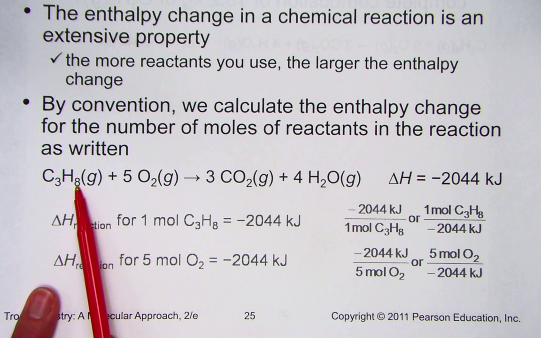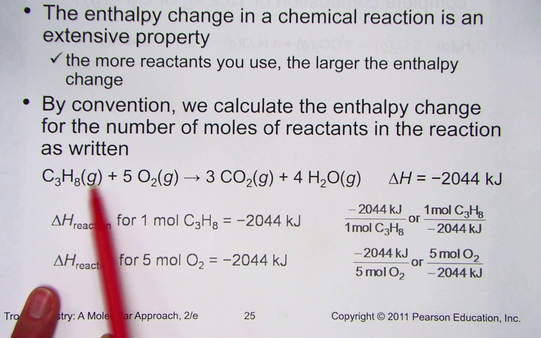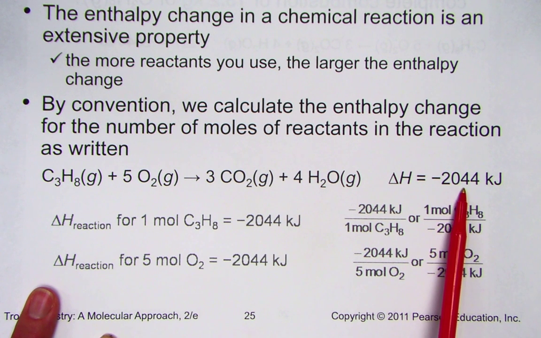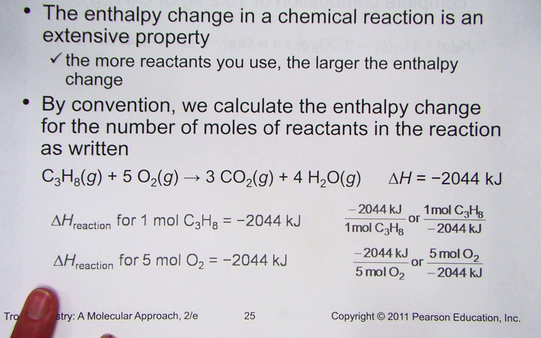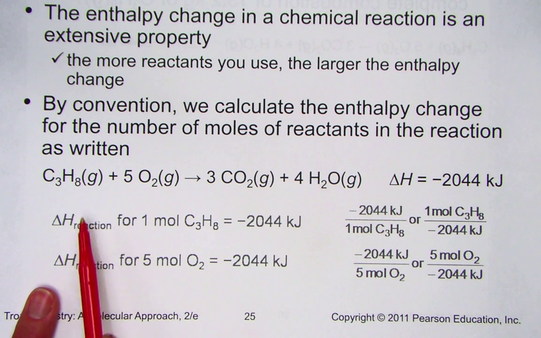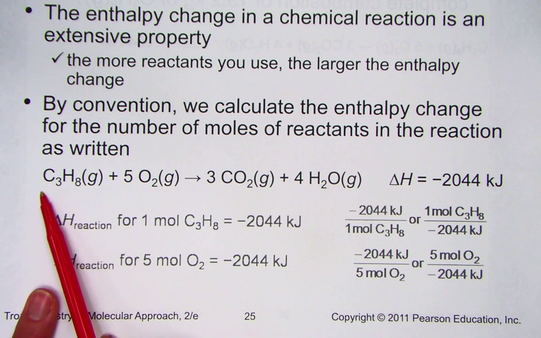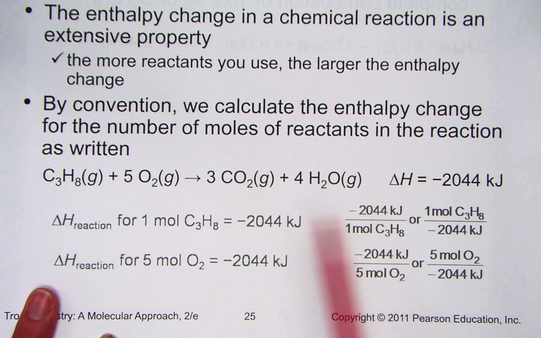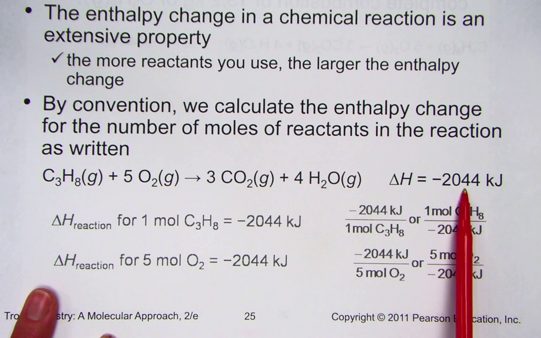We just said we use propane as a fuel to either cook our food or heat our homes. We can see that there's energy being released that we trap as thermal energy. To read this, see the coefficient in front of the propane molecule as a 1. For every 1 propane molecule that combusts, 2,044 kilojoules of heat is released.